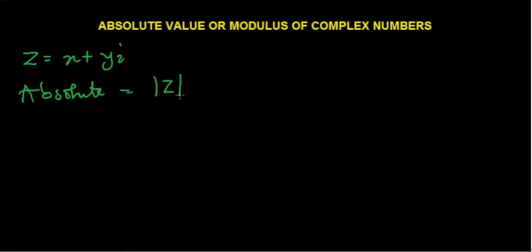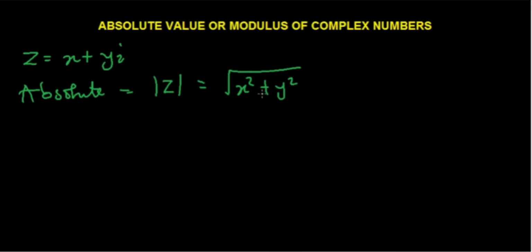Let's assume we have a complex number z equals x plus yi. The absolute value equals the square root of x squared plus y squared.